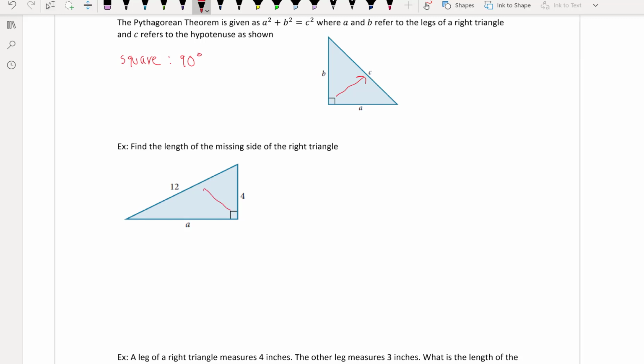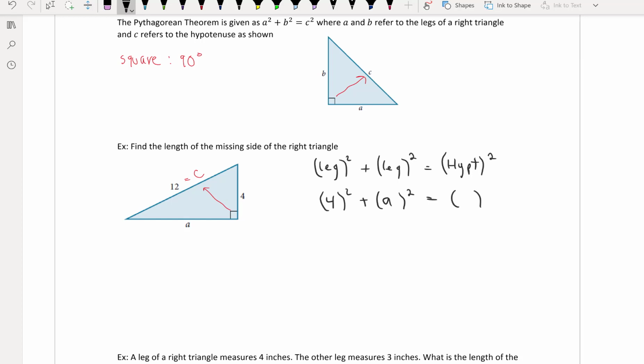So we know that my C value here is 12. So I know that if I have my leg squared plus my leg squared, that is going to equal my hypotenuse squared. So I'm going to have 4, that's a leg, plus my other leg, which is A, is equal to my hypotenuse squared, which I have as 12.